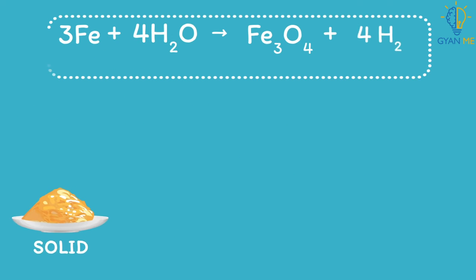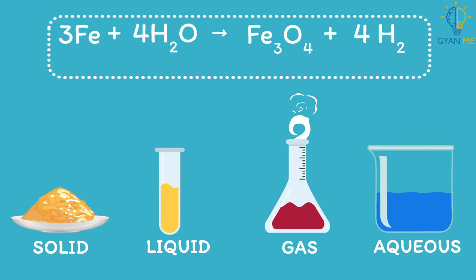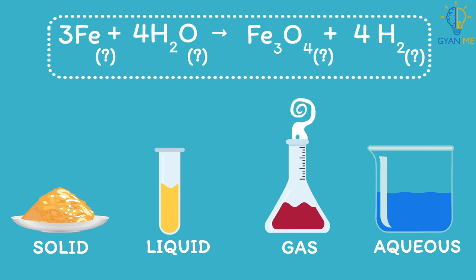Does this equation tell us anything about the physical state of each reactant and product? No. The information about the physical state of the chemicals is still missing in this equation. To make a chemical equation more informative, the physical states of the reactants and products are mentioned along with their chemical formulae.